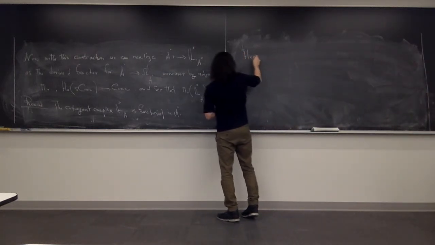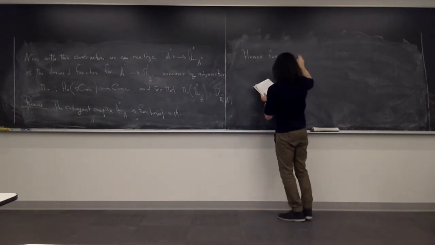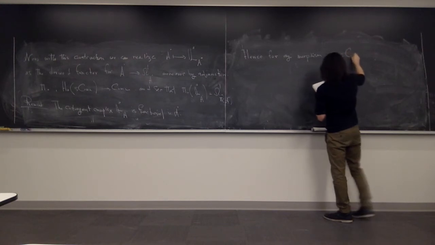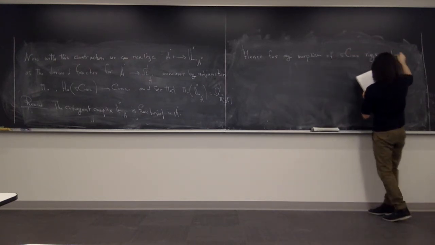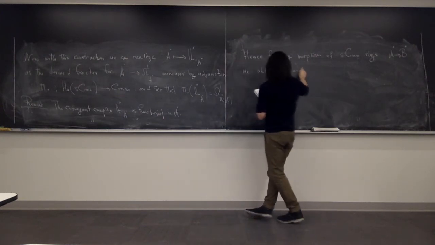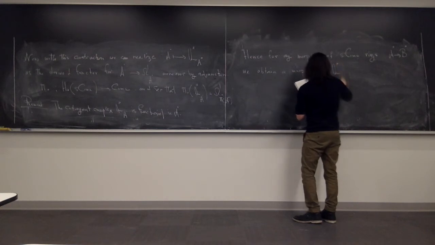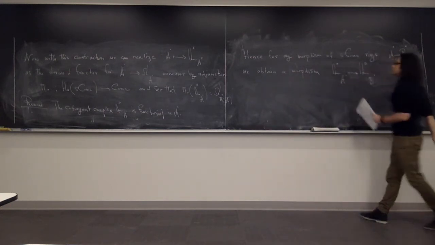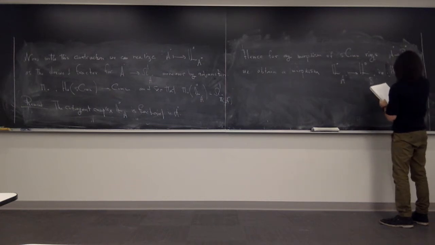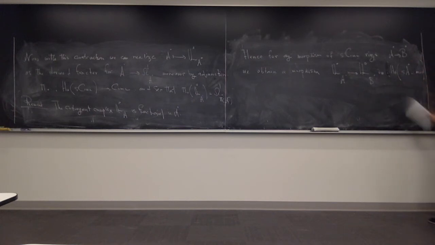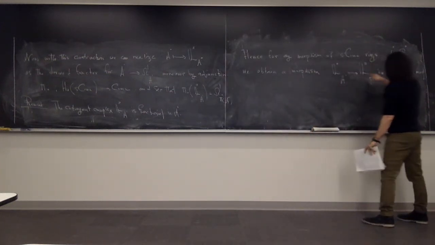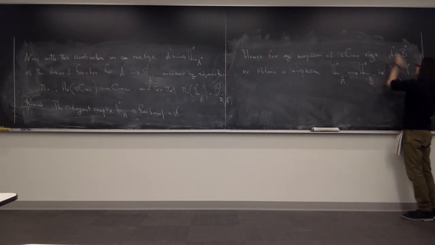So hence, for any morphism of simplicial commutative rings, let's call this A dot to B dot, we obtain a morphism L dot of A dot to L dot of B dot, in the homotopy category of simplicial A dot modules, because this is an A dot module, and this one is too, because this one is a simplicial B dot module, which itself is an A dot module.